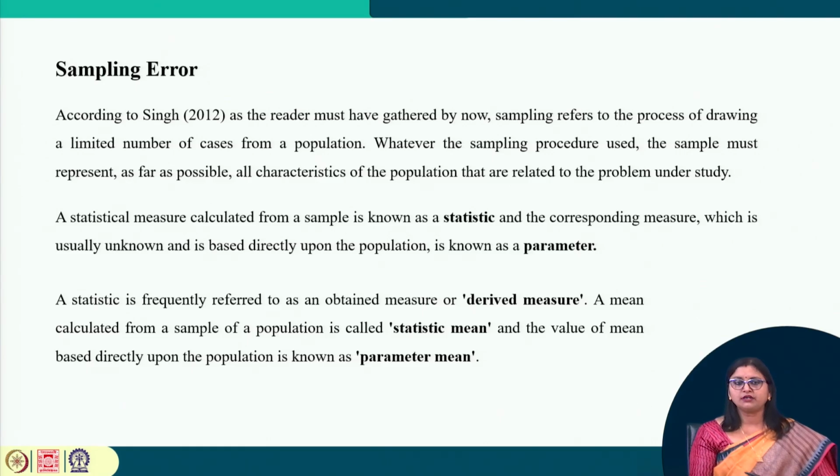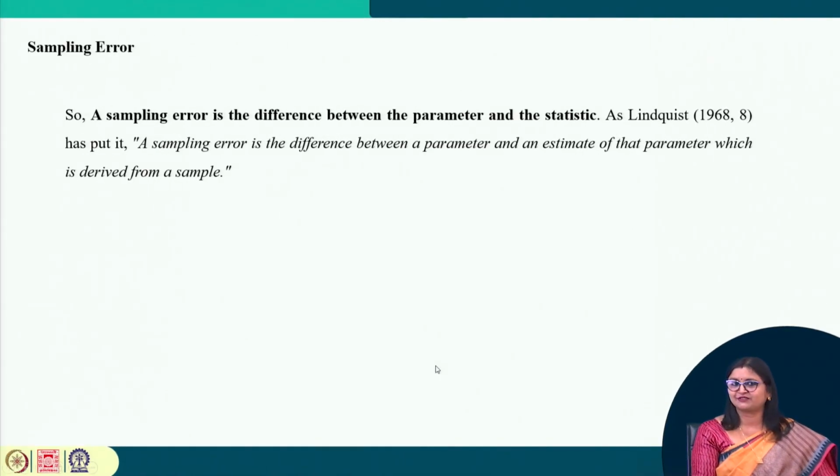A mean calculated from a sample of the population is called a statistic mean, and the value of the mean based directly upon the population is known as the parameter mean. And the difference between this statistic mean and the parameter mean is called sampling error in research.